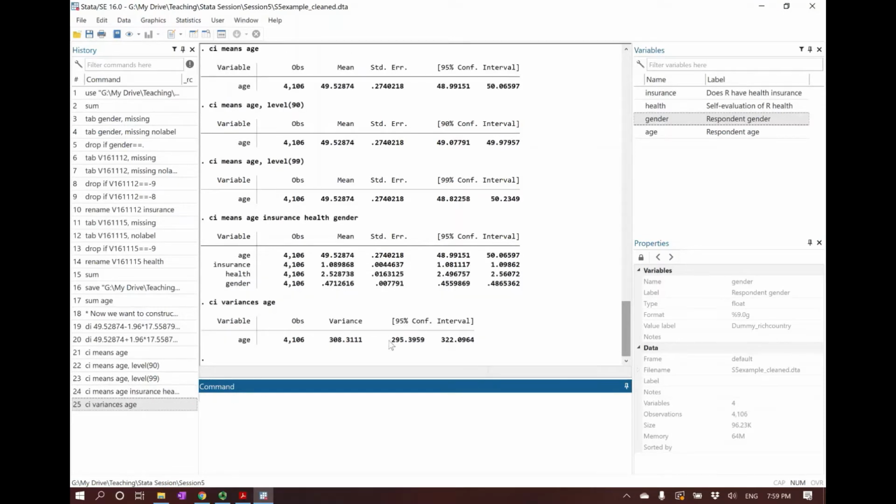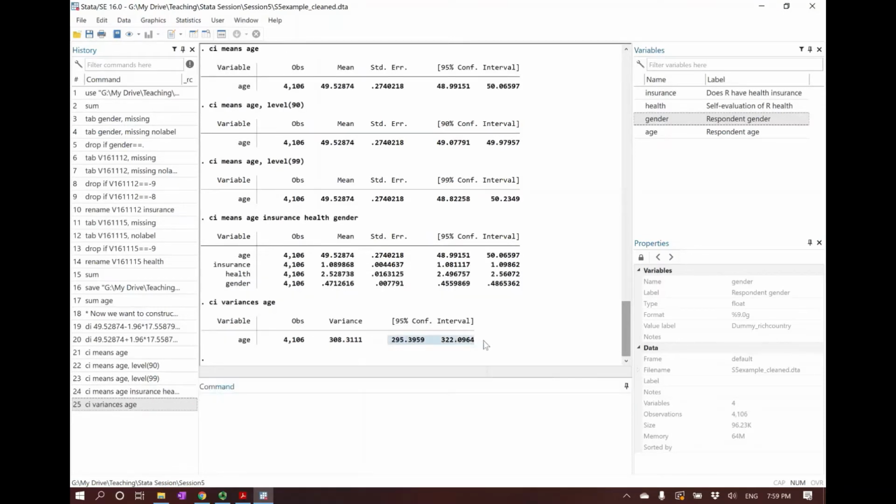So now I calculated a different 95% confidence interval. This is based on the sample variance as my sample statistic here. And I constructed a 95% confidence interval around my sample variance, hoping that my population variance is enclosed within this interval. Okay, so same thing for population proportion.